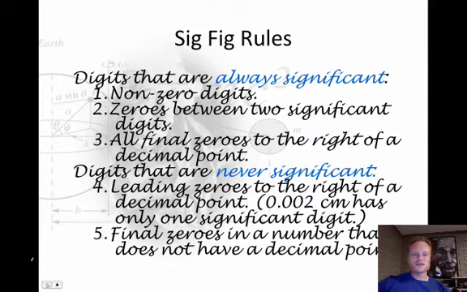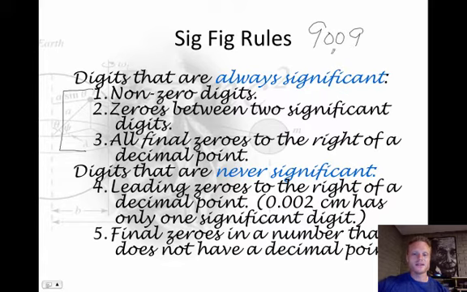Digits that are always significant fall into one of these 3 categories. Any non-zero digit, so 2, 7, 8, you name it, if it's not 0, it's significant. Zeros between 2 significant digits are considered significant. So let's say I have a number that is 9,009.